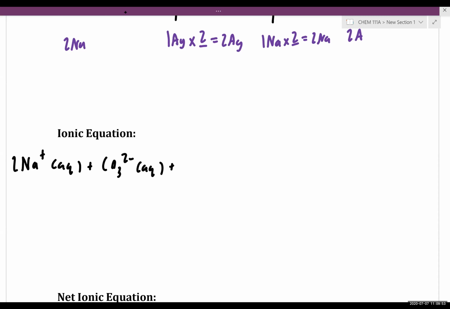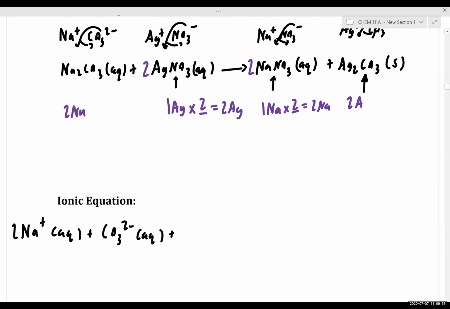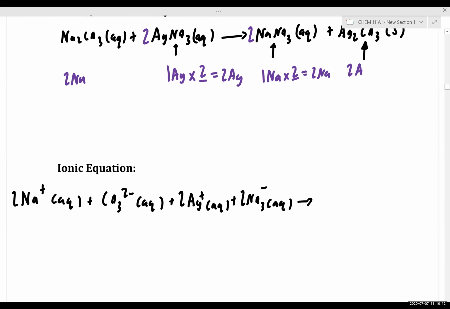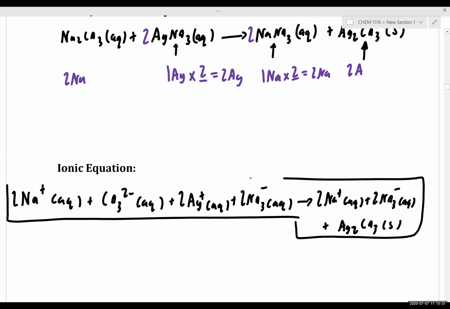Okay, so continuing on, we dissociated all of our soluble ionic compounds, strong acids, and strong bases. Okay, so we have our ionic equation written out.